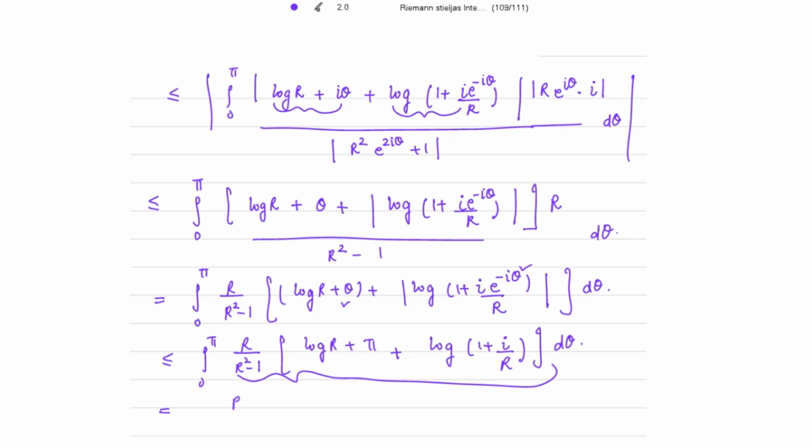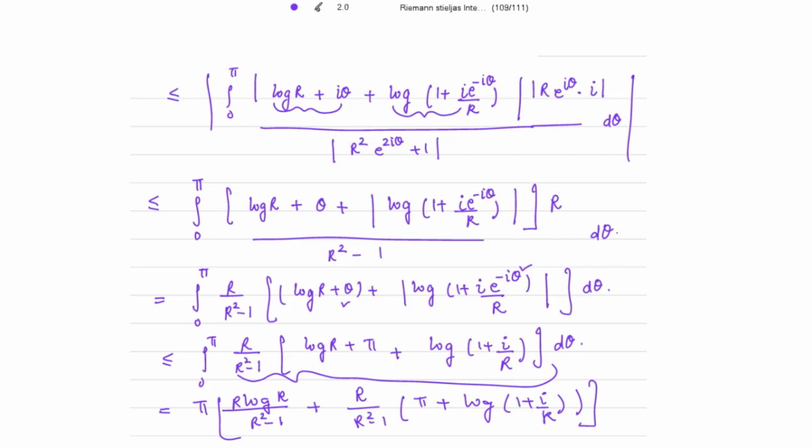This is r log of r over r square minus 1 plus r. Now there is no theta here, so the integral will be theta, right? So this is pi times this thing. So this is r over r square minus 1 complete bracket log of 1 plus iota over r.